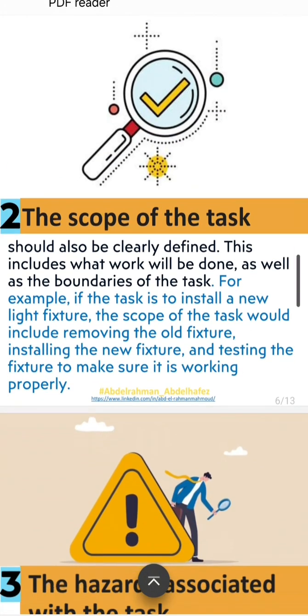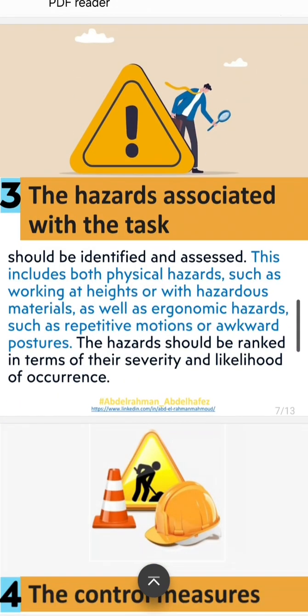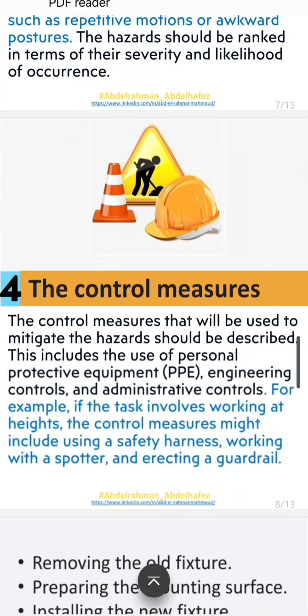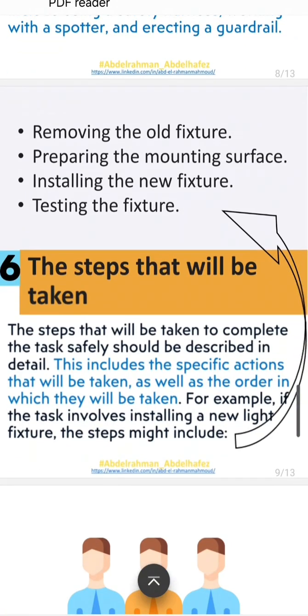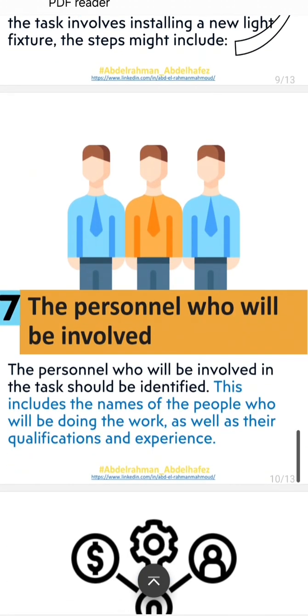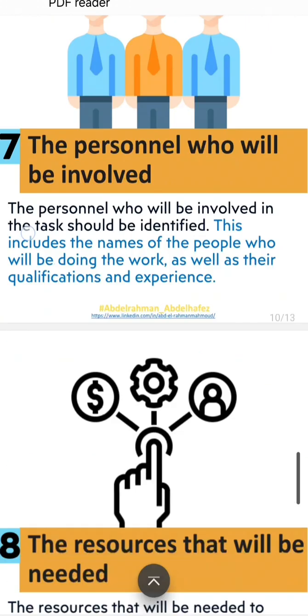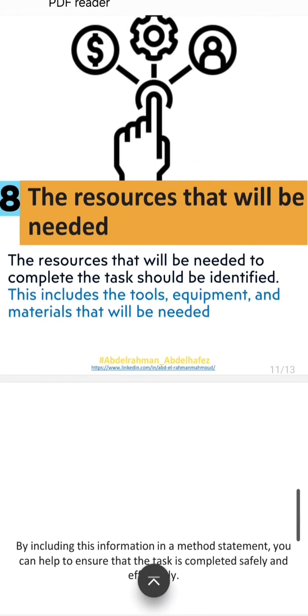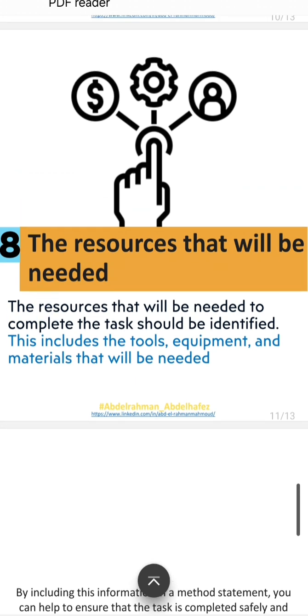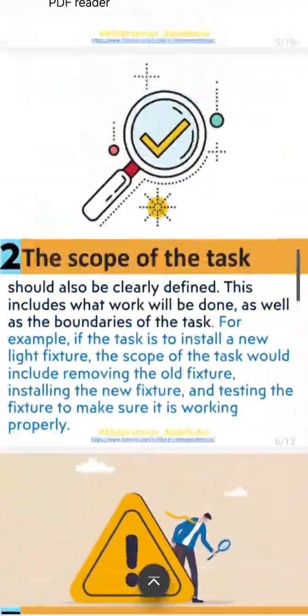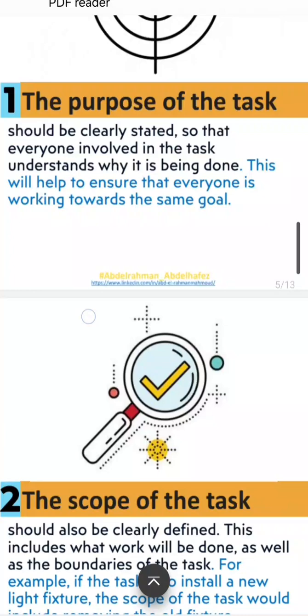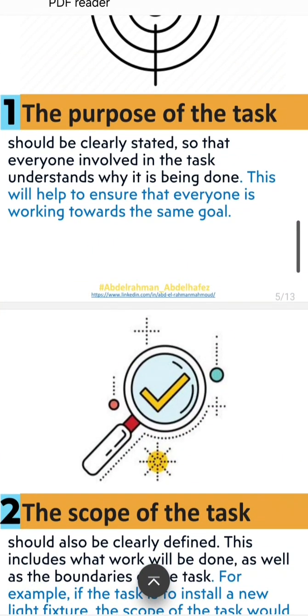Second one is the scope of the task. Third one is the hazards associated with the task. The control measures, the steps that will be taken, the persons who will be involved, and the last one is the resources that will be needed. So these are all the points in the method statement which we should know.